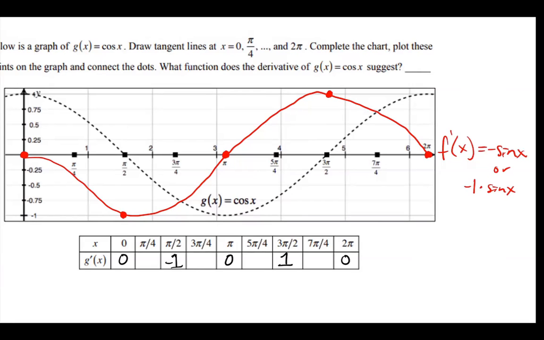So if we start with sine here, what's the derivative of sine? Cosine. What's the derivative of cosine? Negative sine.